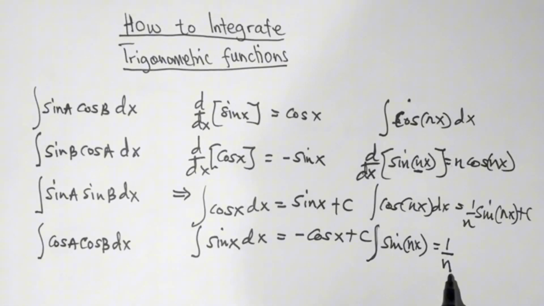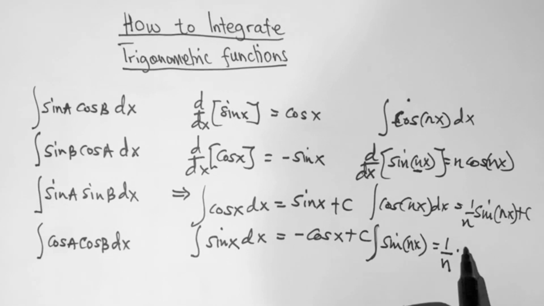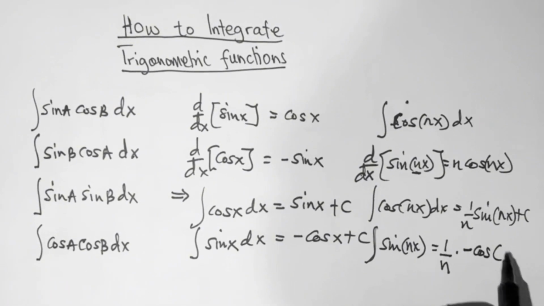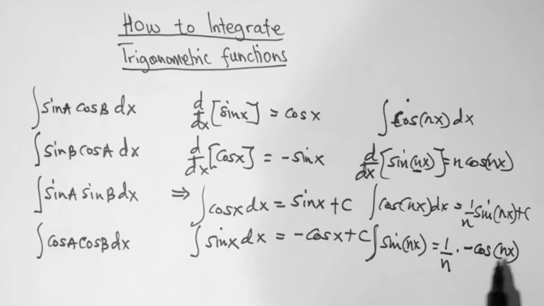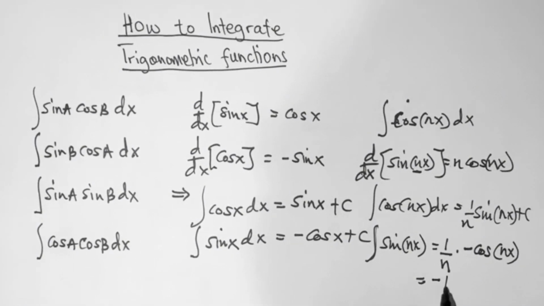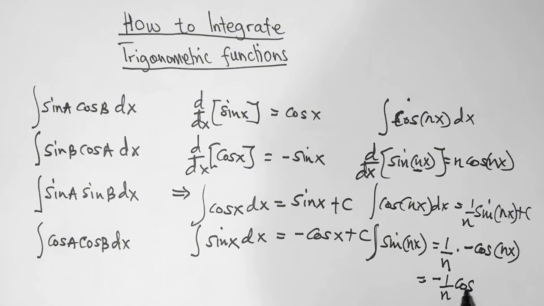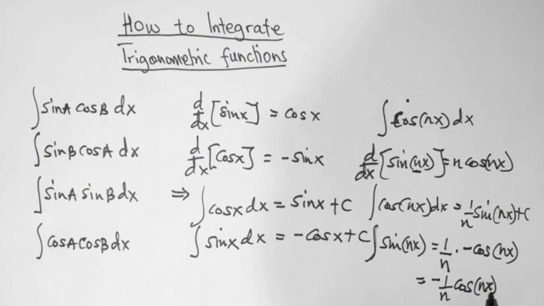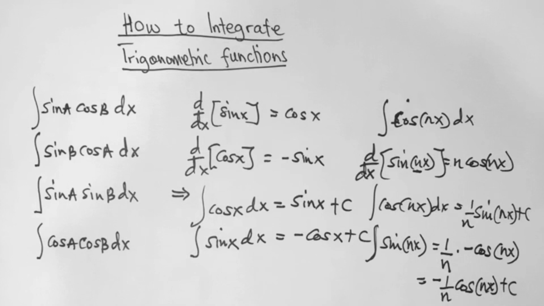So it becomes 1 over n times minus cos nx. So if we further simplify, it becomes minus 1 over n cos nx plus c, where c is the constant of integration.